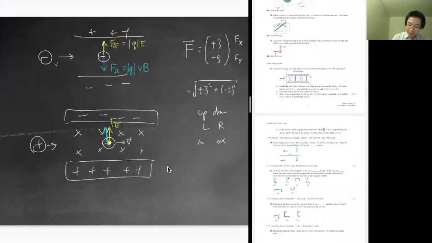This is a completely legitimate short answer question, but it's not a practical application, because now you will get a net force, right? So your F net is FB plus FE in the upwards direction. So you always bend the particle upwards. It's not doing a good job of selecting the velocity, so it doesn't work as a velocity selector. It might work in other applications, by the way. Yeah, so it's completely possible.